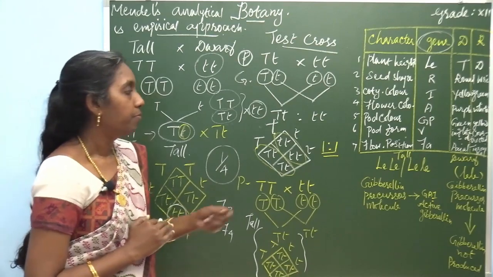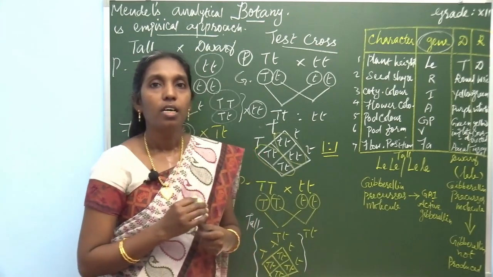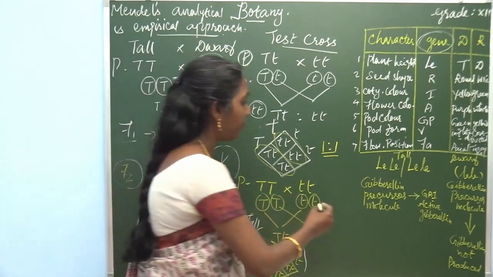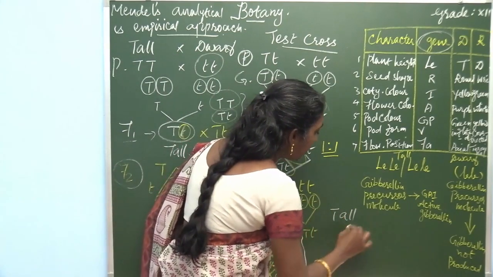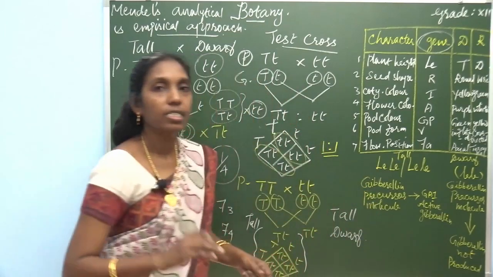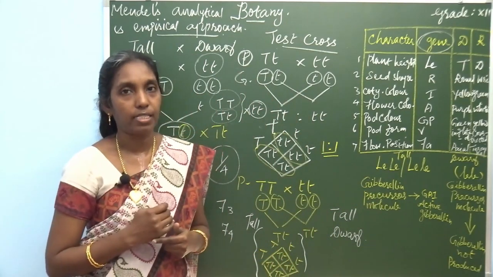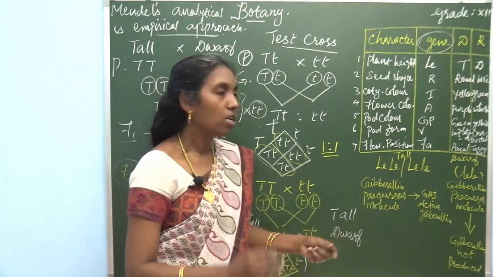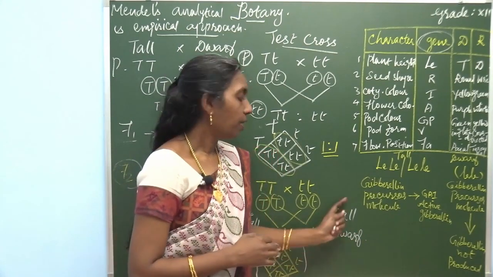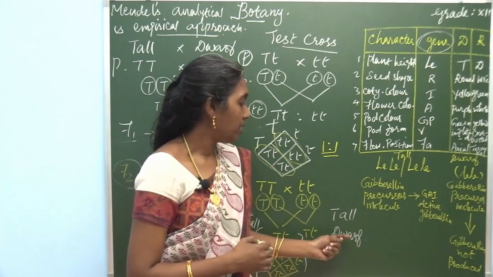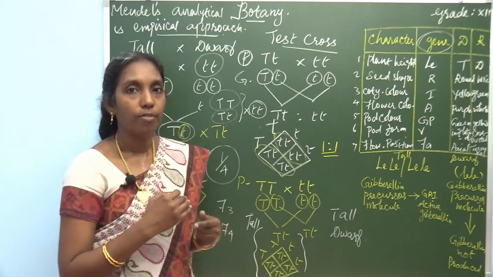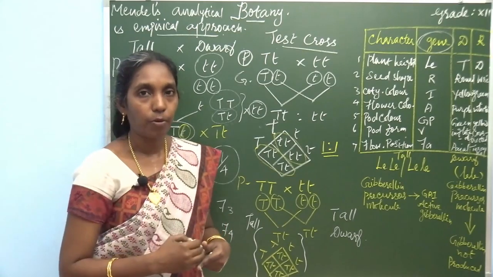Then, what is the molecular explanation of this tall and dwarf? How can we predict these tall and dwarf characters? So, in this molecular explanation, find out what gene the tall plant possesses and what the functioning protein is.